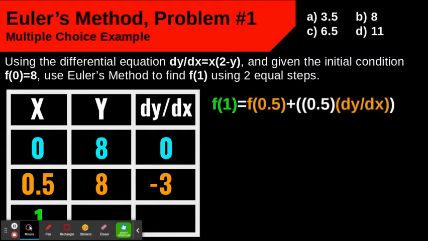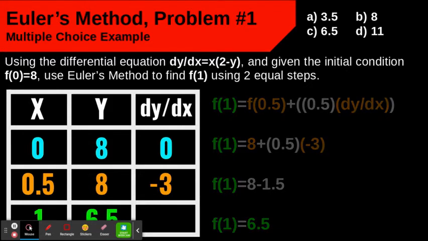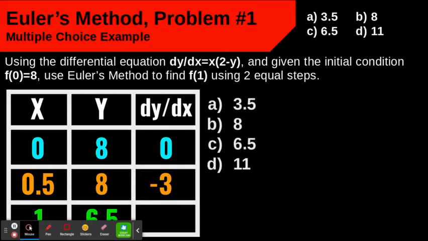Then we solve for y again using our old position of y, f of 0.5, and our change in y again. Our new f of 1 equals 6.5, or y equals 6.5. Compare this to our multiple choice answers, and we see the correct answer is C, 6.5.